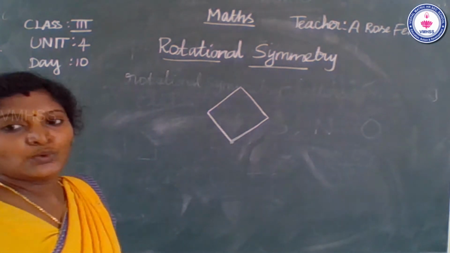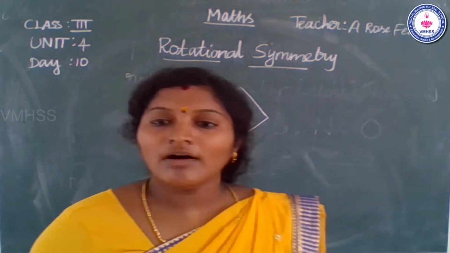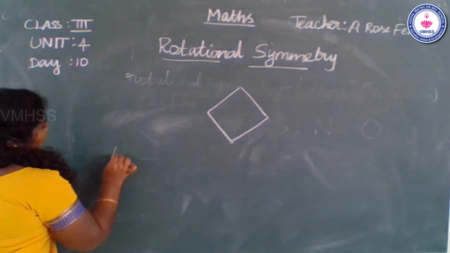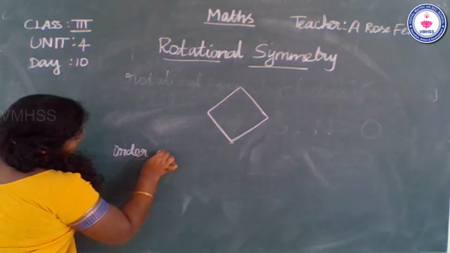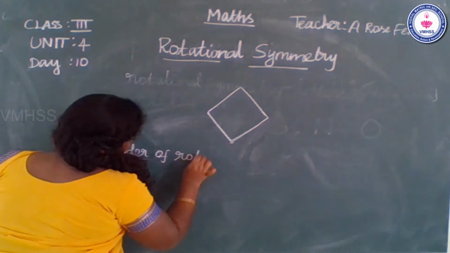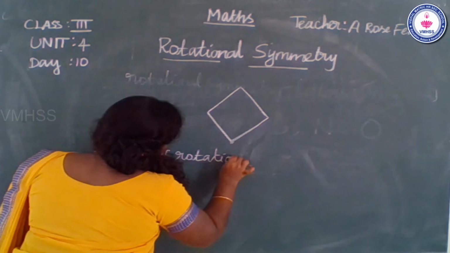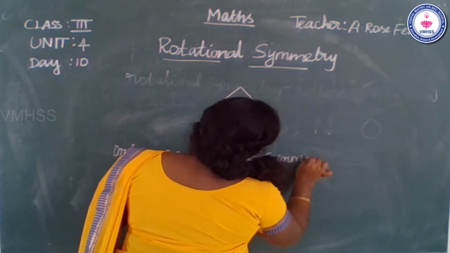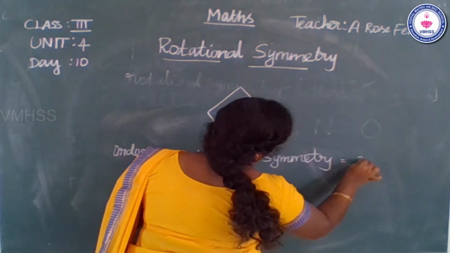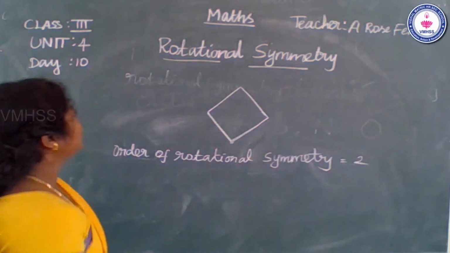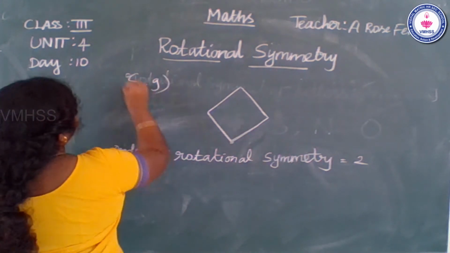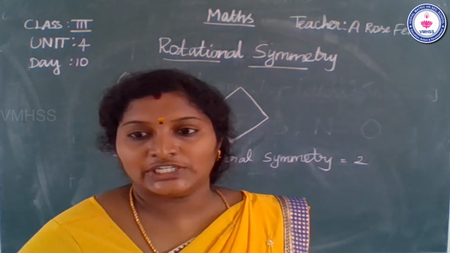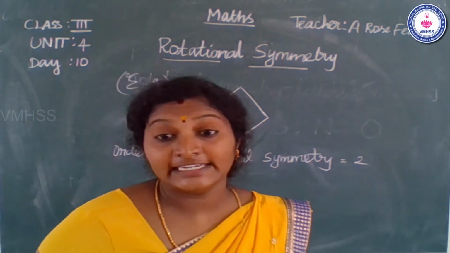Listen, the order of rotational symmetry is 2. This is only an example. And the center of rotation is the intersection of diagonals.